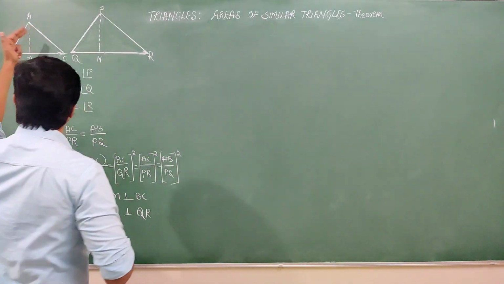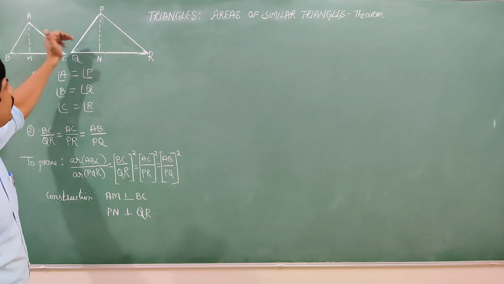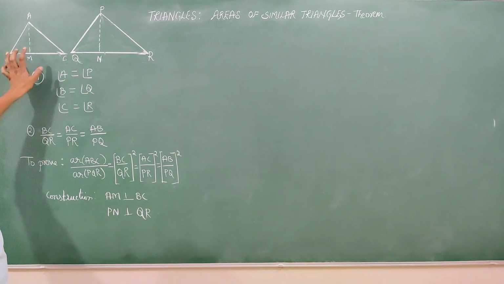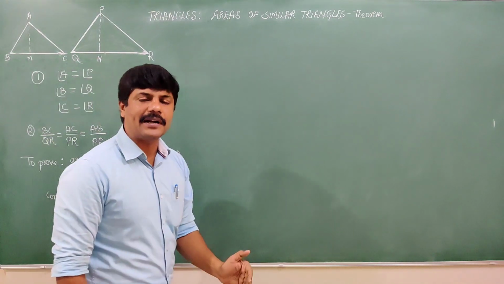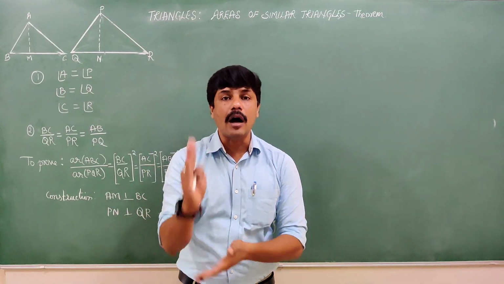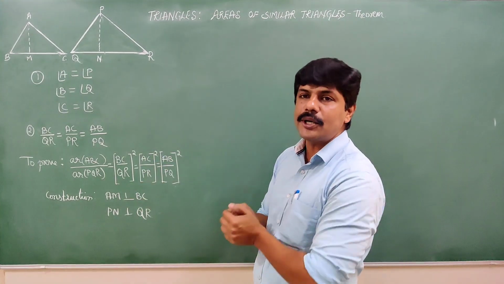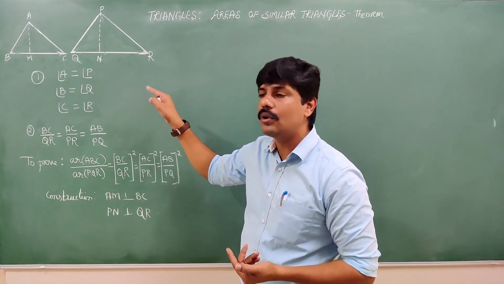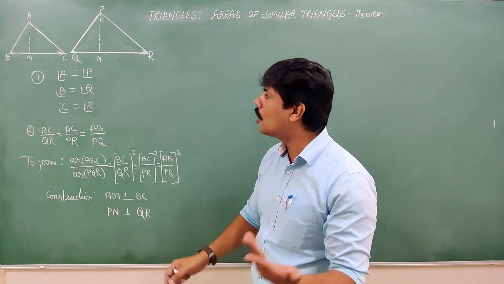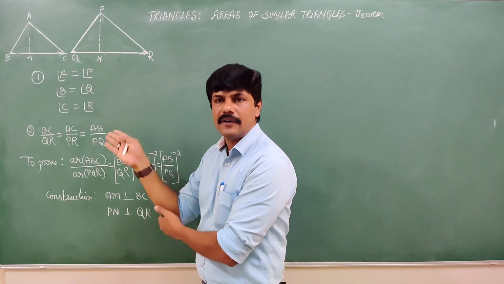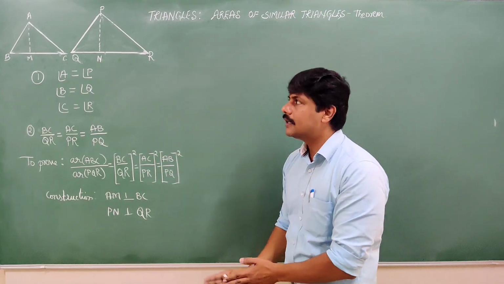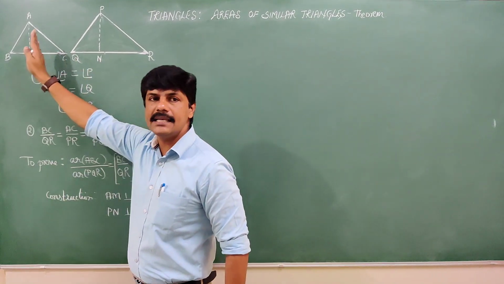If you observe triangles ABC and PQR, BC could be considered as base, but to find the area of the triangle, height, the altitude, is very important. Which is the altitude here? We do not know. We have to draw it, because no value is given. We have to assume ourselves and draw and show that AM is the altitude.